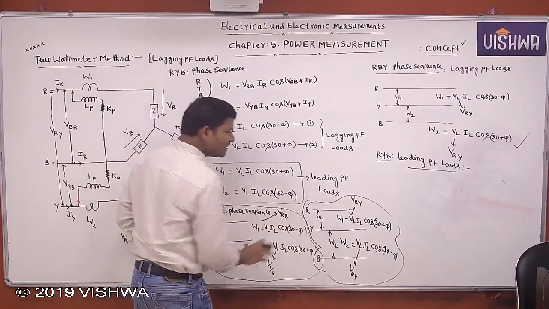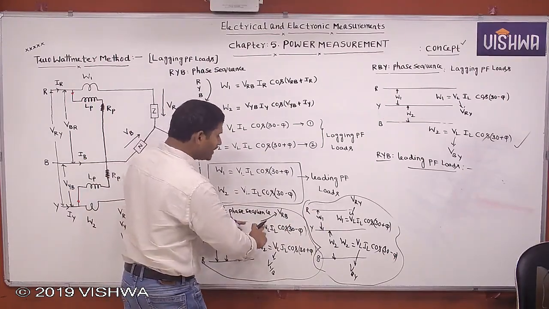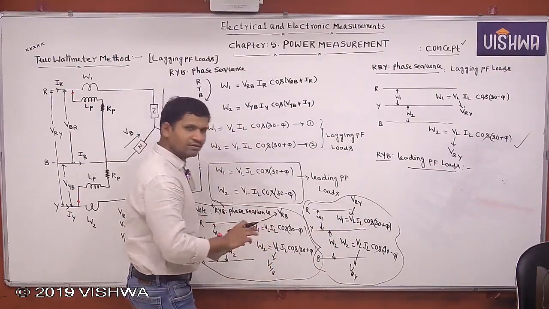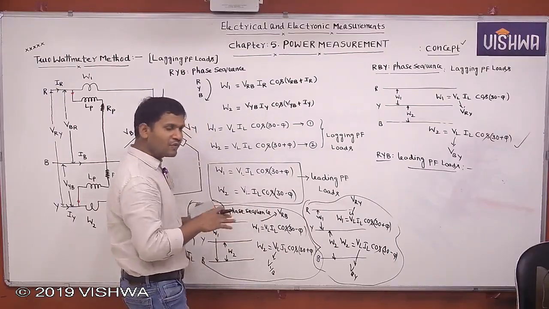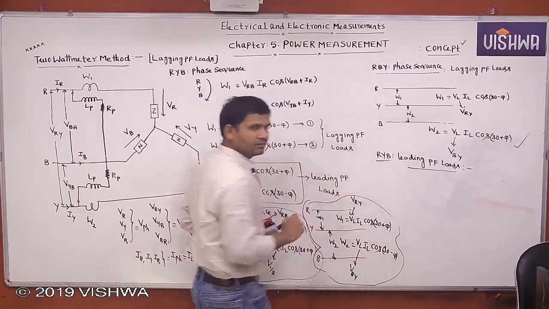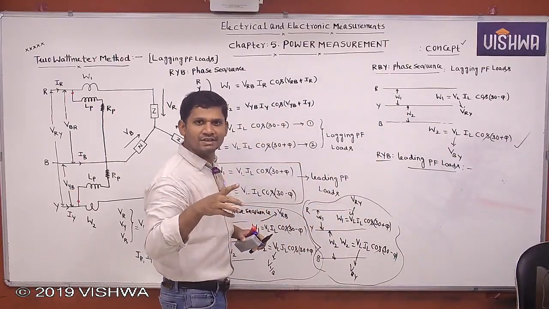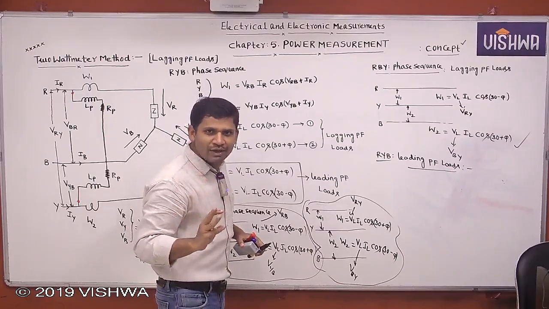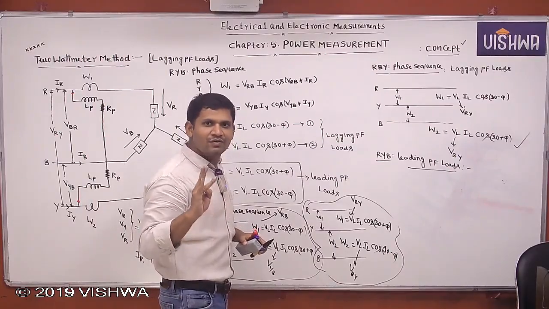But here W1 is 30 minus φ, and here 30 plus φ. Why? The connection of the wattmeters is changing. That's why here also the connection is the same, but the wattmeter readings are different. Why? The phase sequence changes. That means the wattmeter reading depends on the connection of the wattmeter, and it depends on the phase sequence also.